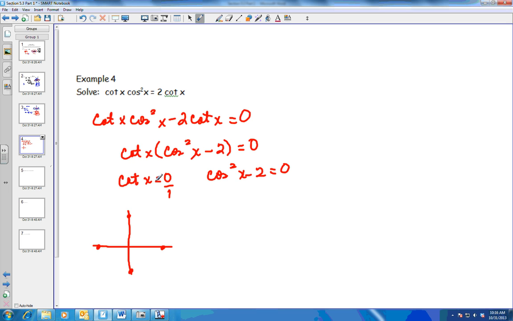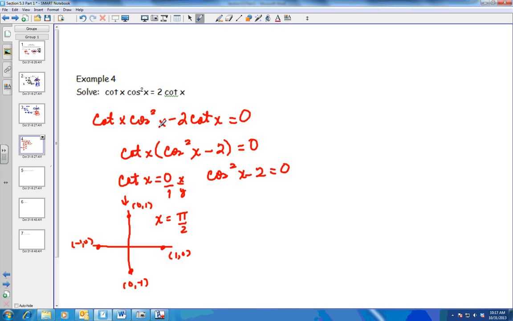So we should remember that cotangent is x over y. So remember, these are the points 1, 0, 0, 1, negative 1, 0, 0, negative 1. So where is my x value 0 and my y value 1? What happens right here? So my answer for this one is pi over 2.